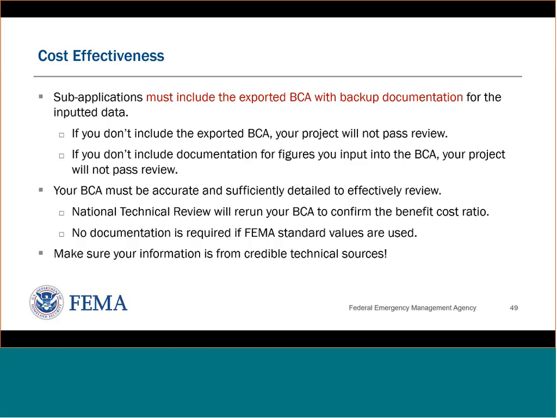The first is what we'll call a FEMA standard value, and depending upon the project type or the hazard, there are standard values for a variety of the benefit cost analysis inputs. One of the most significant ones, and the earliest ones you will run into in putting together your benefit cost analysis, is project useful life.